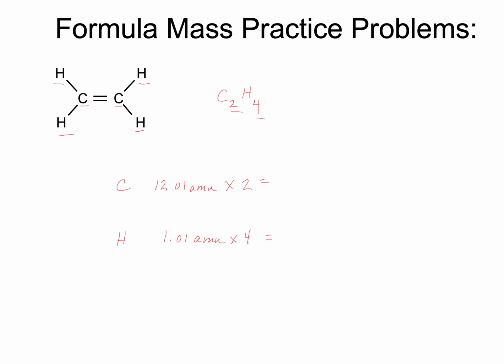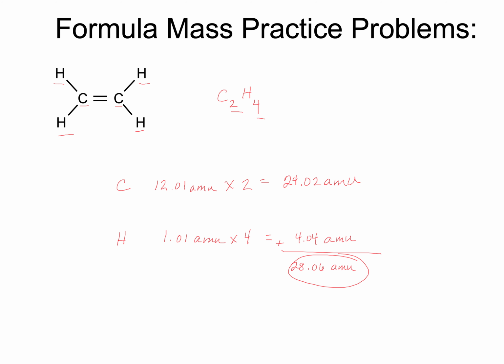Those sum up to be 24.02 AMUs and 4.04 AMUs. We add all of these together, and that ends up being 28.06 AMUs. And that is the formula mass, or you can even call that the molecular mass, considering this is a particular type of covalent compound.